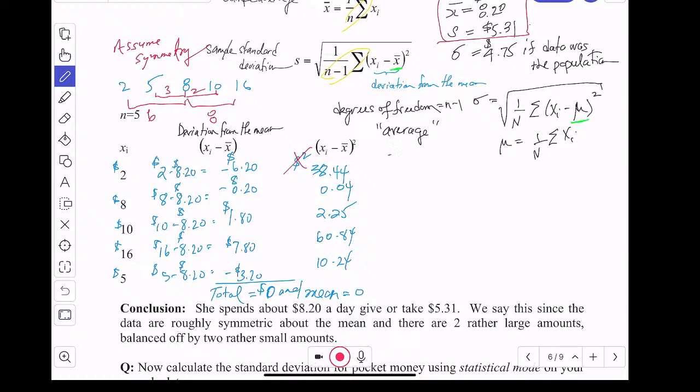So the total, find the total, the sum. Again, you can use your calculator if you want, for practice. Clear work.